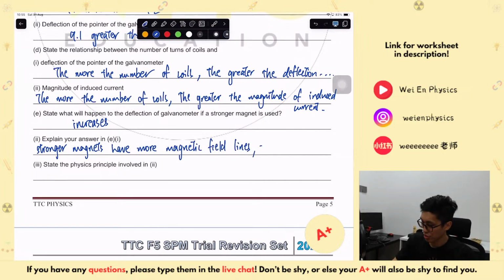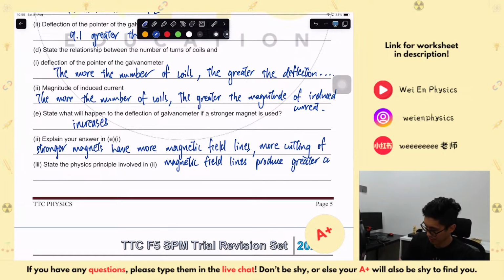So more cutting of magnetic field lines produce greater current. Okay, more cutting of magnetic field line produce greater current. That's why the deflection increases.